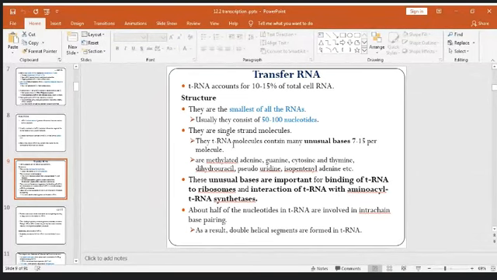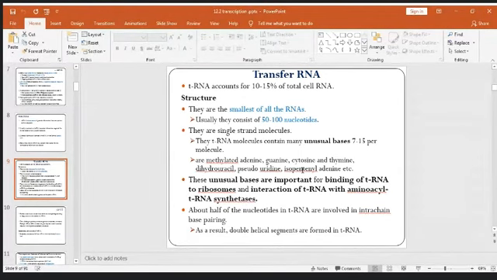The transfer RNA molecules contain many unusual bases. There can be about 7 to 15 unusual bases per one transfer RNA molecule. The unusual nucleotide bases are methylated adenine, methylated guanine, methylated cytosine, and methylated thymine, as well as dihydrouracil, a base called pseudouridine, isopentenyl adenine, and others.